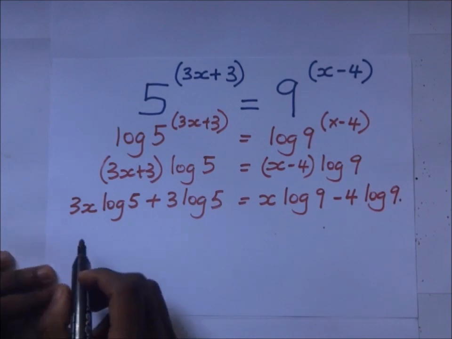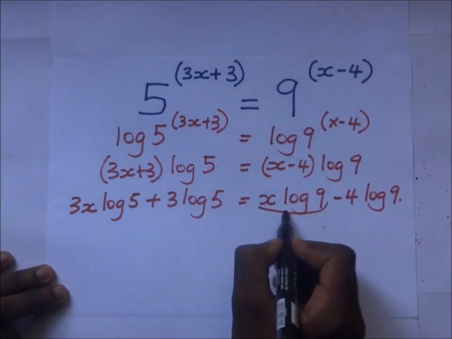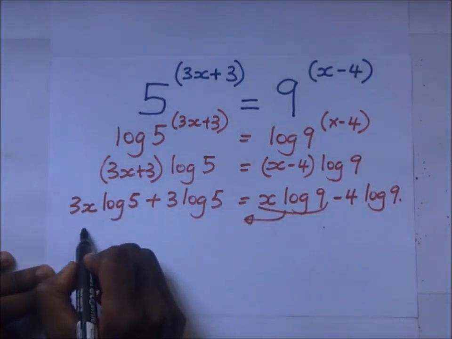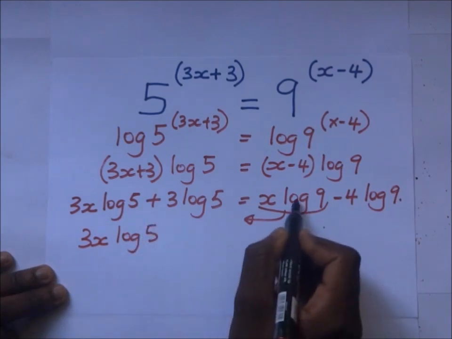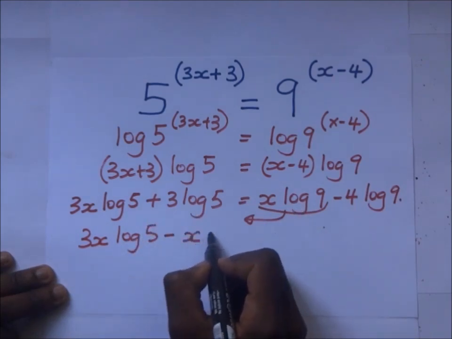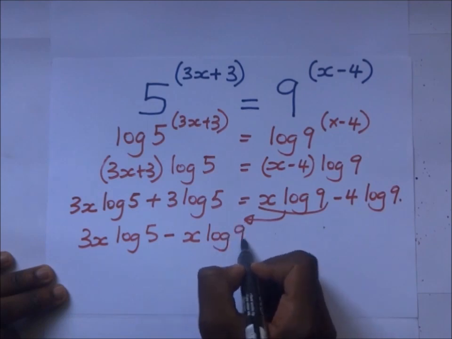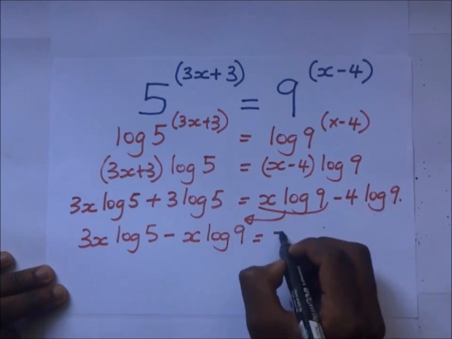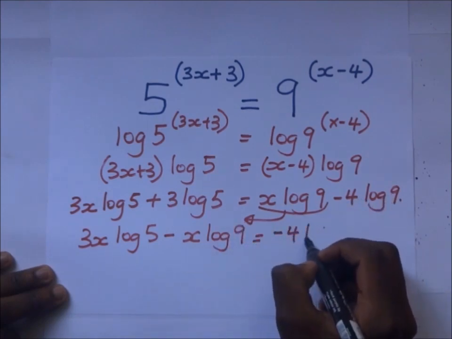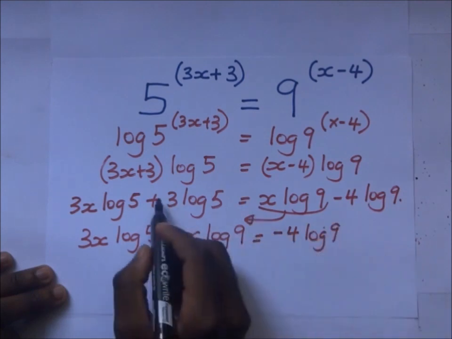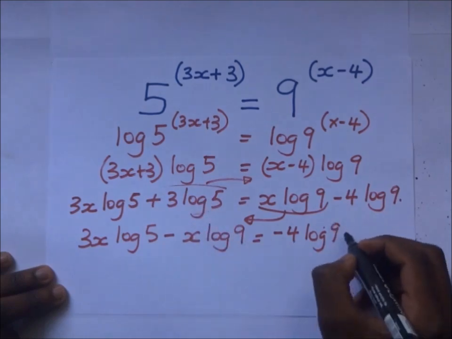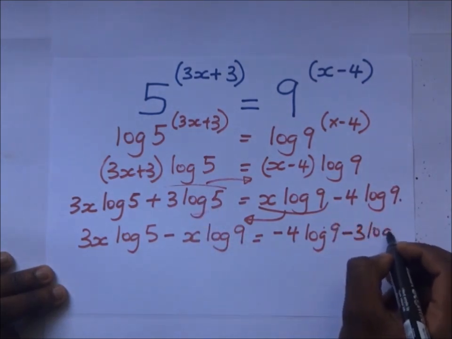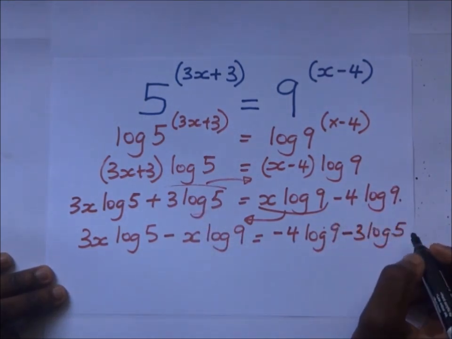So in this case, we require this to get that way. So it's going to become 3x times the log of 5. When this one comes this way, it becomes minus x the log of 9, is going to be equal to negative 4 log of 9. Then this one also needs to go that way, so it's minus 3 times the log of 5.